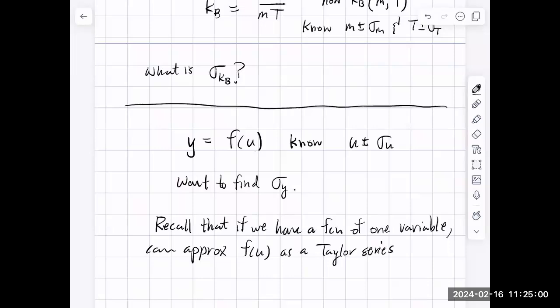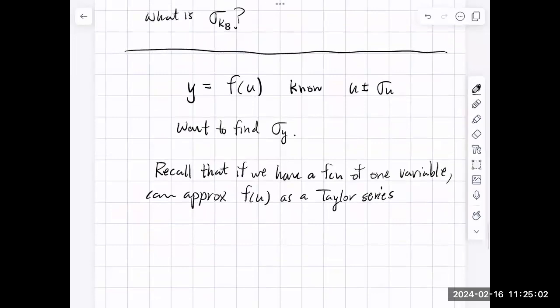So what is a Taylor series expansion here of f of u? How would you express the Taylor series? I only want to keep the first two terms. What are the first two terms? Yeah, there's f of u, right? Plus the derivative. Yeah, that's right.